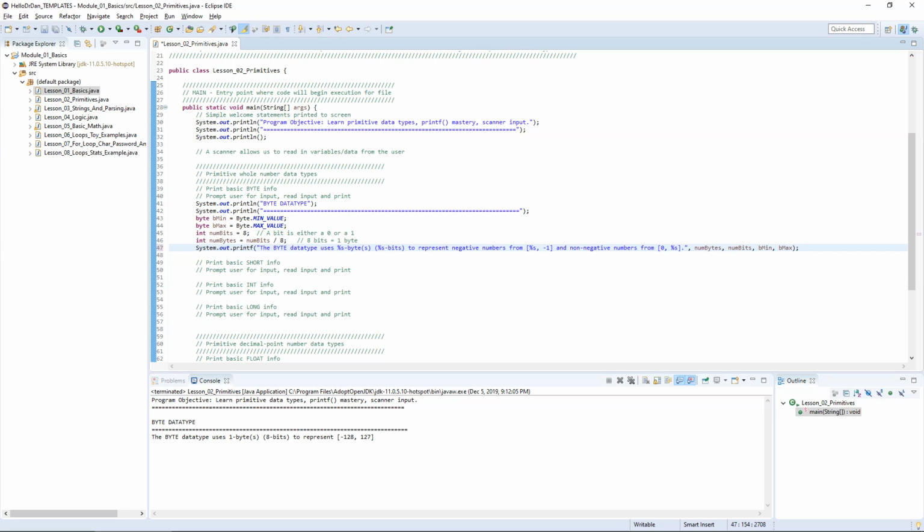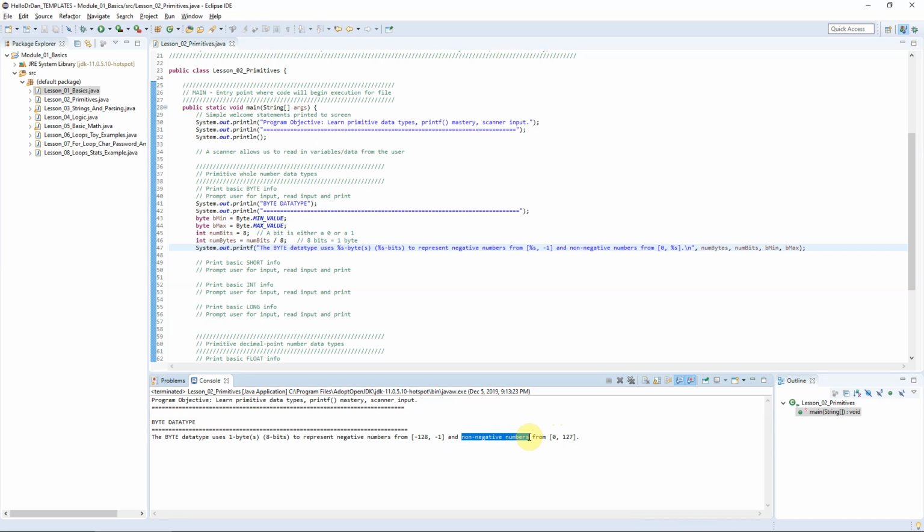Then I'll put a period and a new line character right there. Let's go ahead and play this. You'll see the byte data type represents negative numbers from -128 to -1, and non-negative numbers from 0 to 127. Notice I'm not saying positive numbers, I'm saying non-negative, because I have this 0. That 0 is basically the 128th value. It's not quite positive, but it's not quite negative. So that's the byte data type.